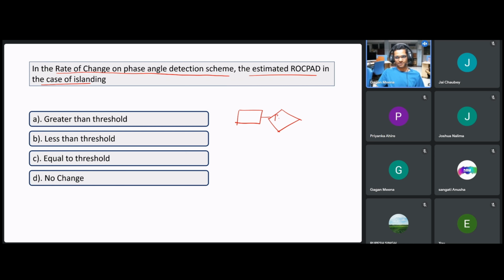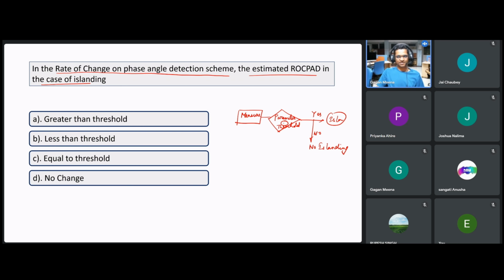We saw this plot diagram with parameter, threshold. This you have to fill. If it is satisfied, then there is islanding. If not satisfied, then no islanding.